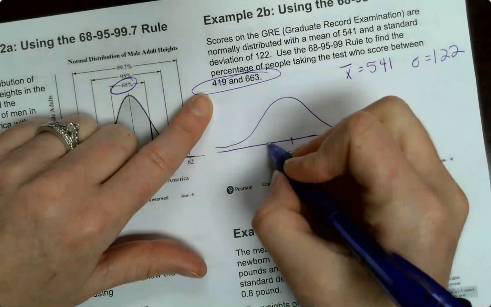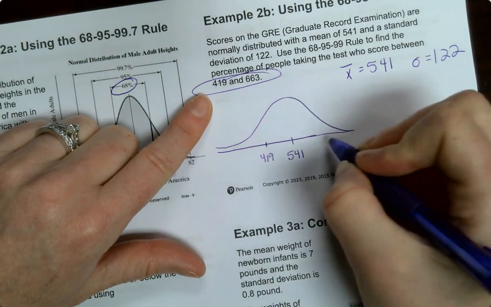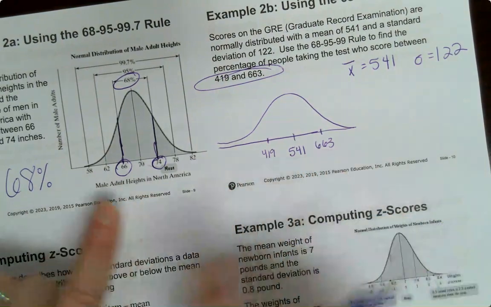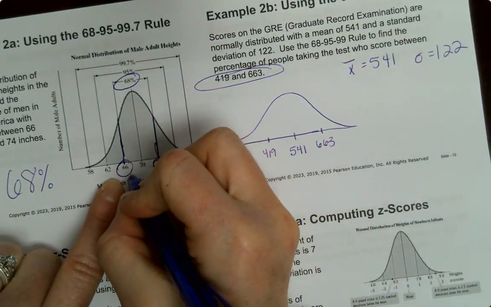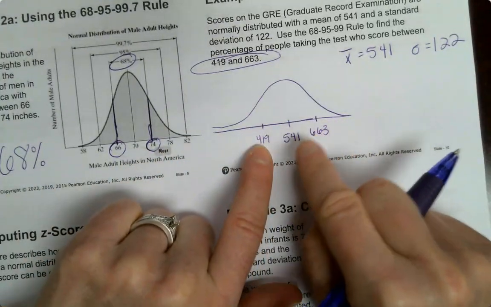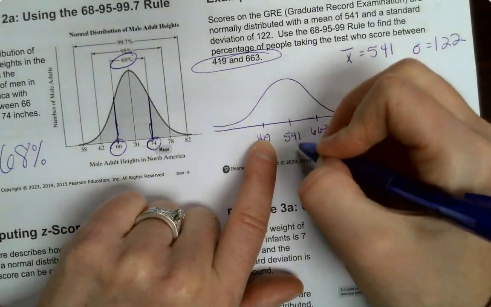So we know 419 is going to be below, and 663 is going to be above. We've got to find out how far above. So this is 1 standard deviation below. This is 1 standard deviation above. We know this is below and above because this is our mean.